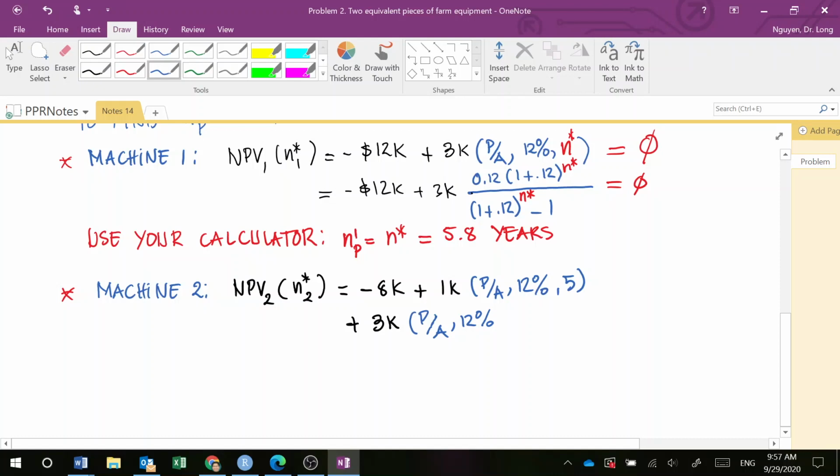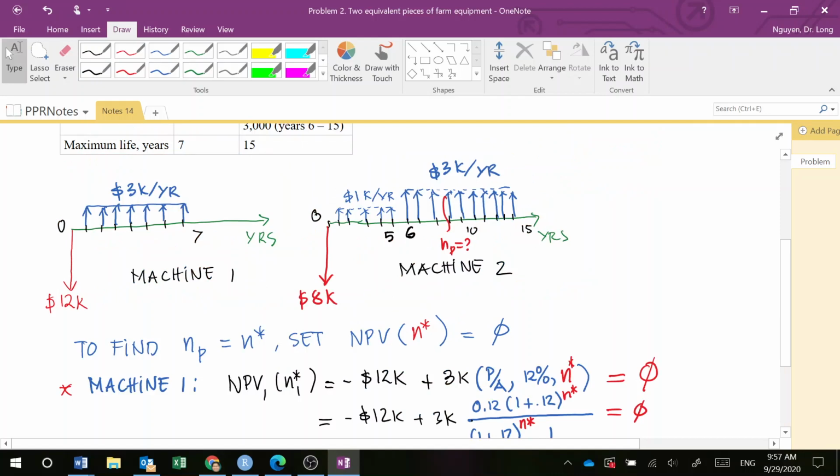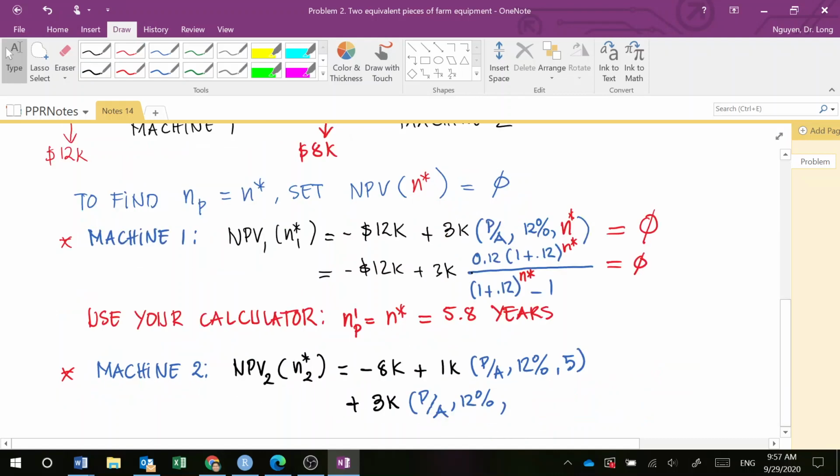This is a little bit tricky. What is that N star? If you put N star, then the 3,000 goes from year 1 to N. But here the 3,000 starts at year 6. So we have to subtract the first 5 years that we already accounted for in P over A, 12%, 5.